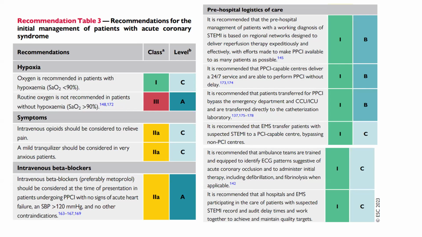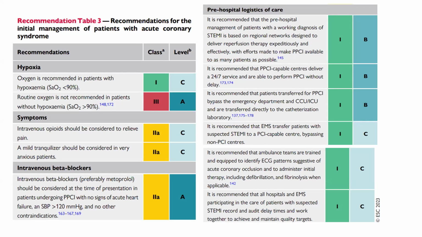It is recommended that EMS transfer patients with suspected STEMI to a PCI capable center, bypassing non-PCI centers. This is feasible in centers that have well-established networks and where communication between these hospitals and the pre-hospital system is effective. We are not there yet in Ghana, so we are not able to implement that.